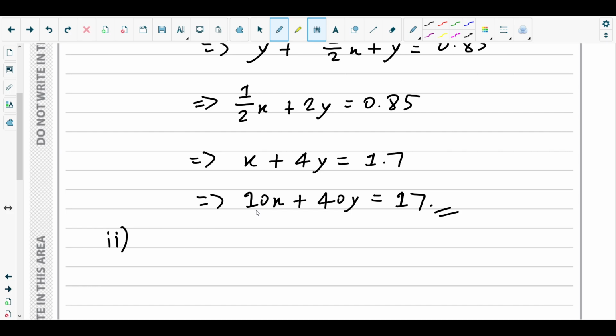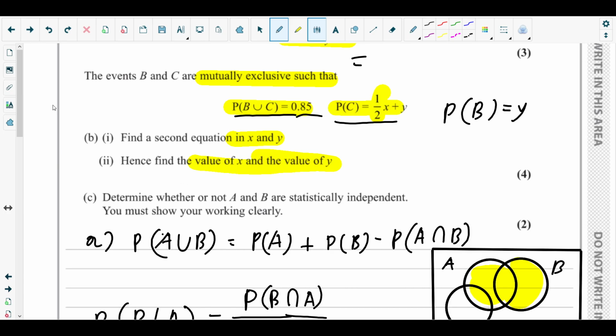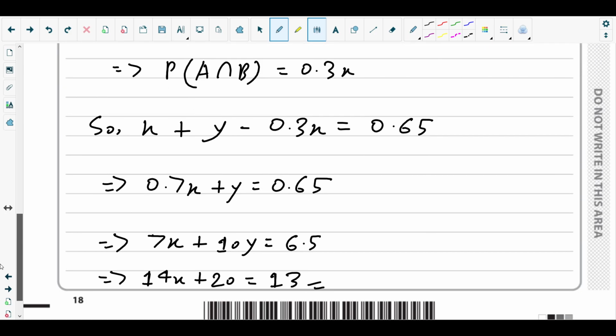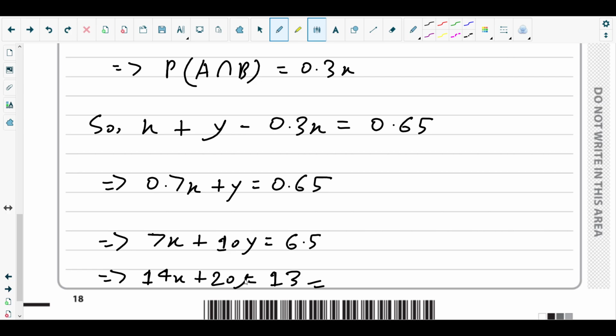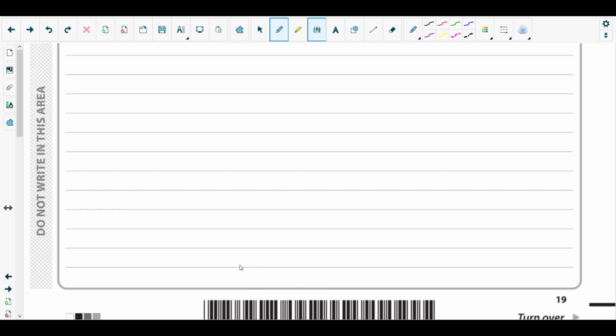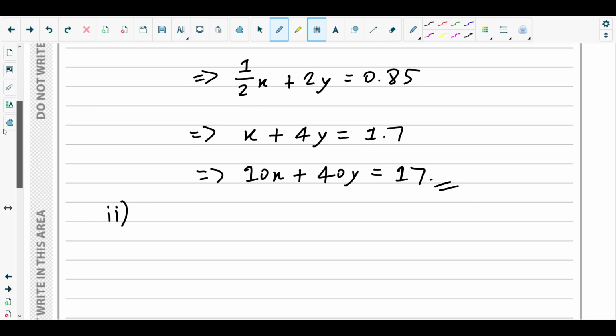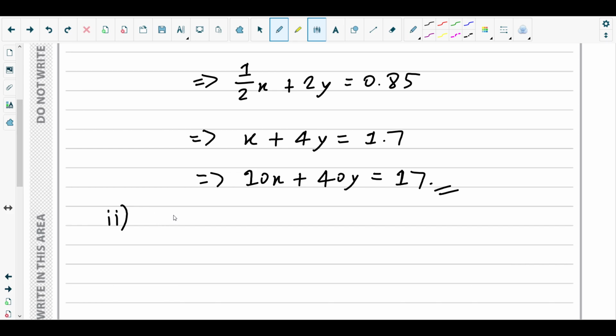So here it is 10x plus 40y, and previously it was 14x plus 20y. Okay, at first let me write the two equations. 14x plus 20y, that would be easier to consider then. This is equals to 13, right? This is the first equation we got.